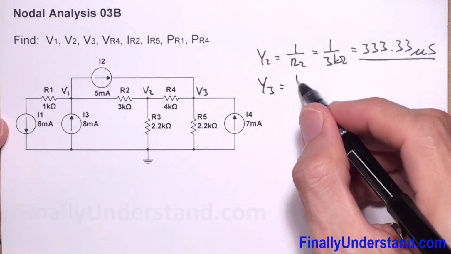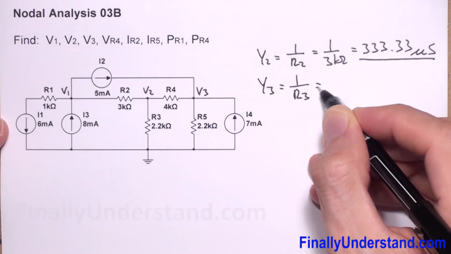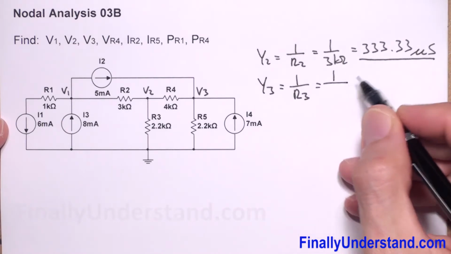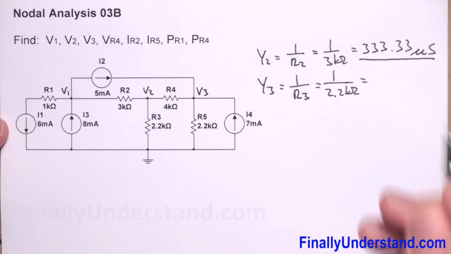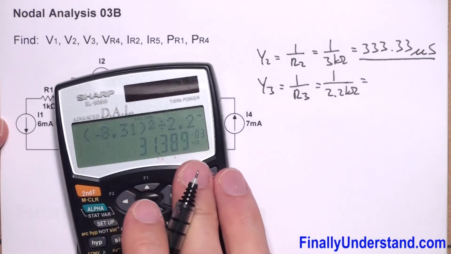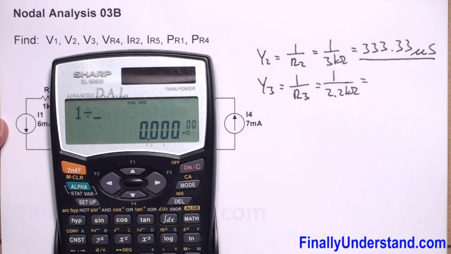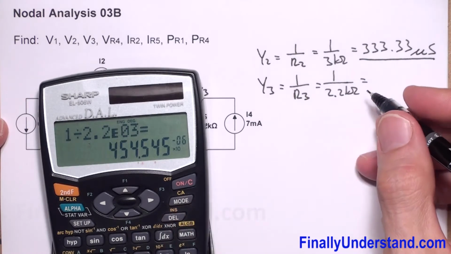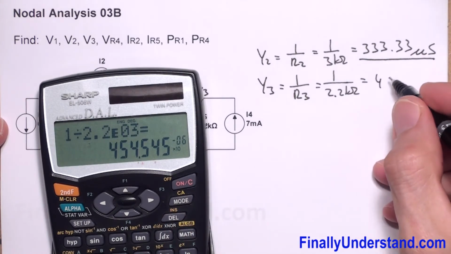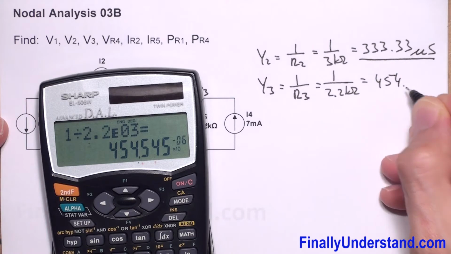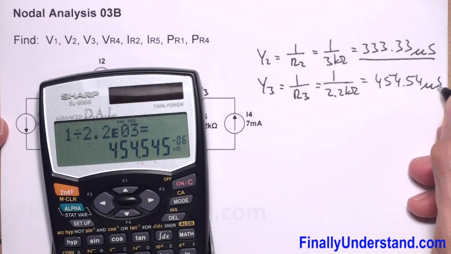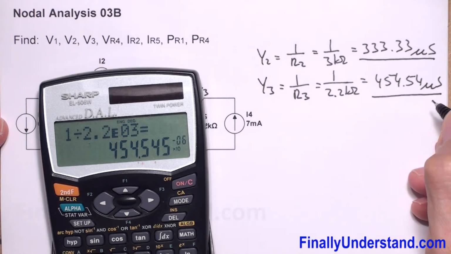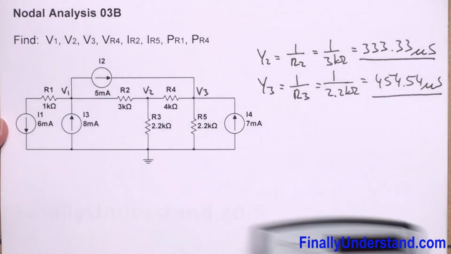Y3 is equal to 1 over R3. So I have 1 divided by 2.2 kilohms, which is equal to 1 divided by 2.2 times 10 to the 3, which is 454.54 microsiemens. So this is my Y3.